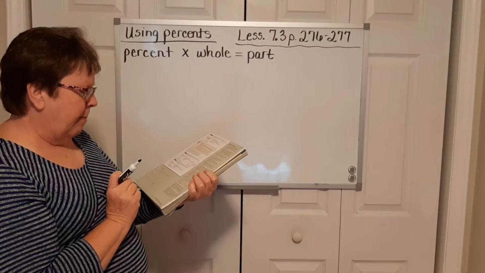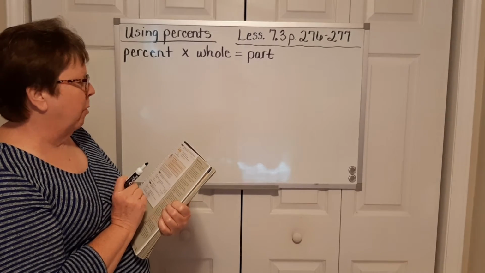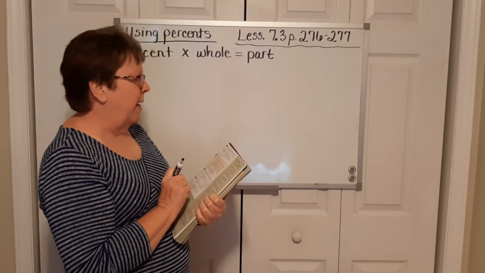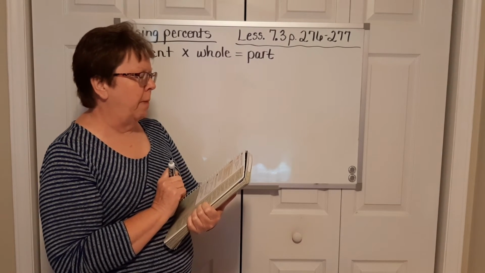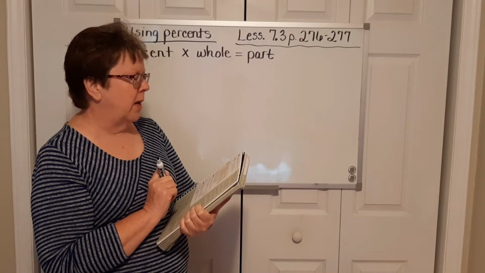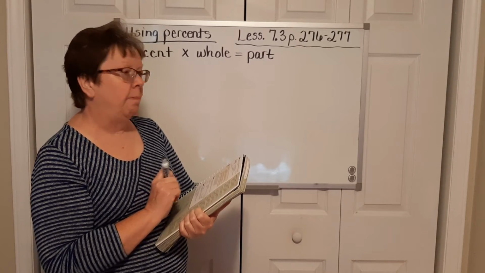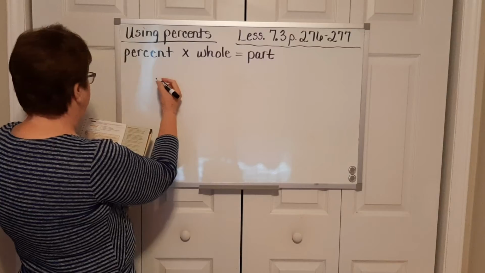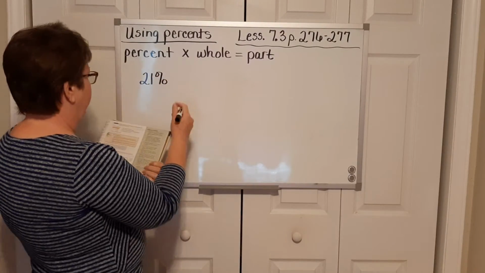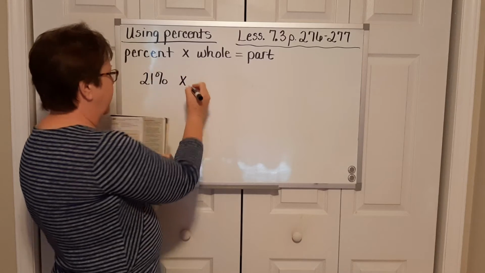Last example, page 277, example 3. It says, find the monthly income of the Oliver family if their monthly mortgage payment of $840 represents 21% of their monthly income. It gives us the percent, so let's plug in our percent, which would be 21%, times.